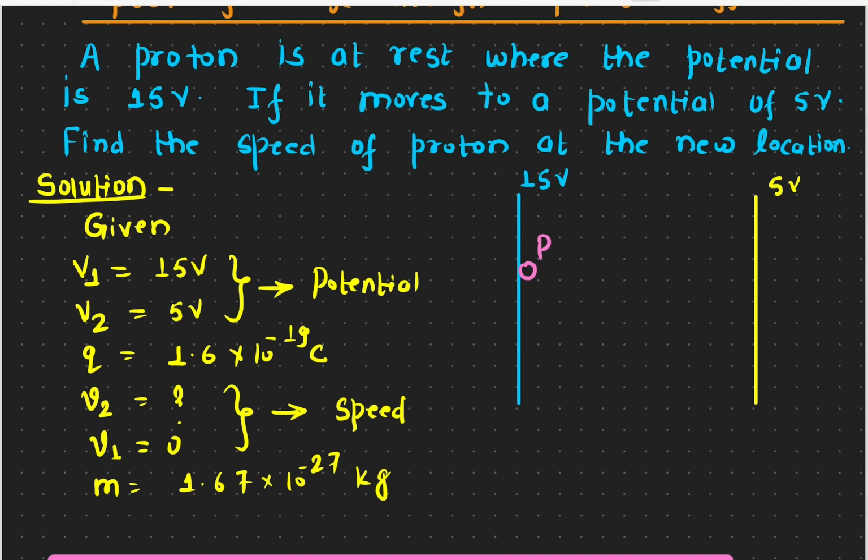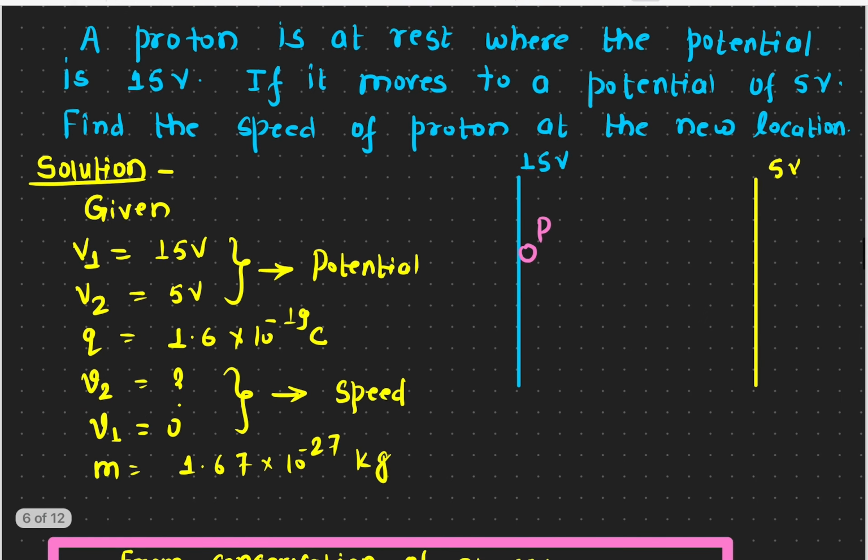So at this point, its speed is 0. And at this potential, you have to find out the speed. So we do not know it. The mass of the proton is also given here, 1.67 times 10 to the negative 27 kilogram, and you have to remember these standard numbers.